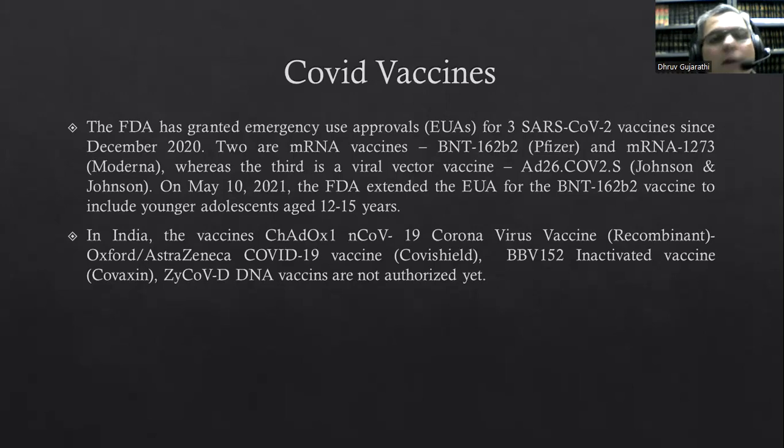Later on, it was found that the Johnson and Johnson vaccine had a lot of problems. It came up with a few complications, and therefore it was withdrawn.